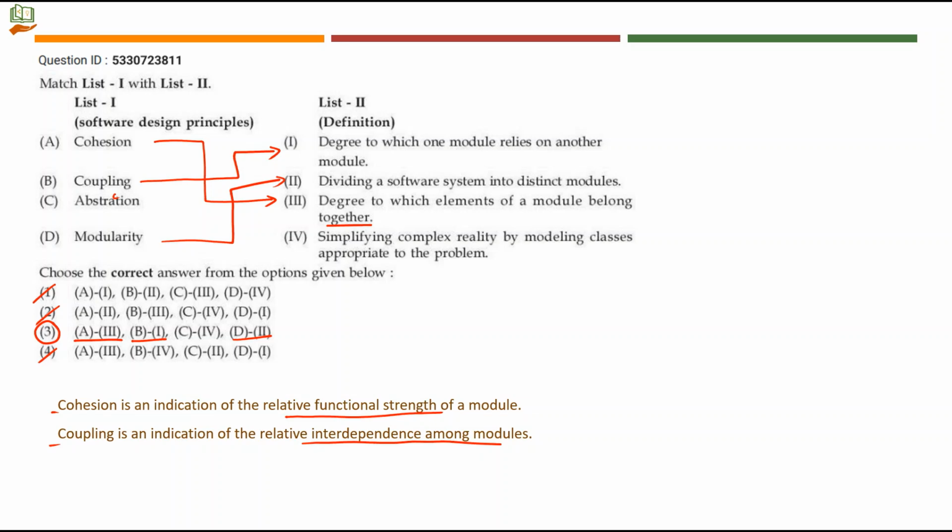Instead of going deep, we are just giving a generalized idea of something. So this is what they meant by simplifying complex reality by modeling classes appropriate to the problem. It is not specific to the problem, but just appropriate to the problem. A generalization kind of view. There are many levels of abstraction in software engineering, but we are not getting into that topic. So we can map C to 4. C4 is also there.